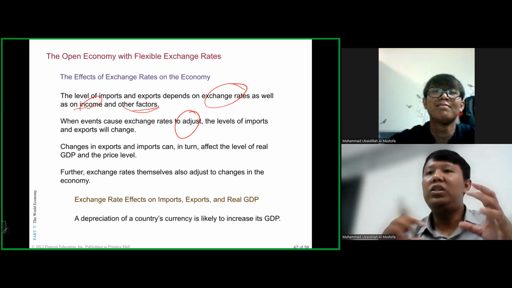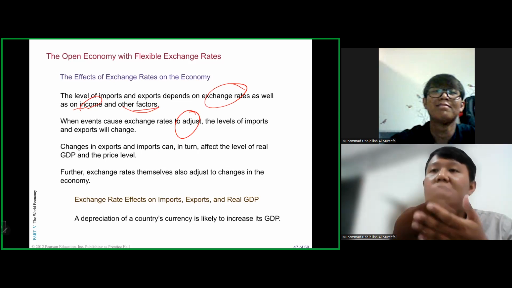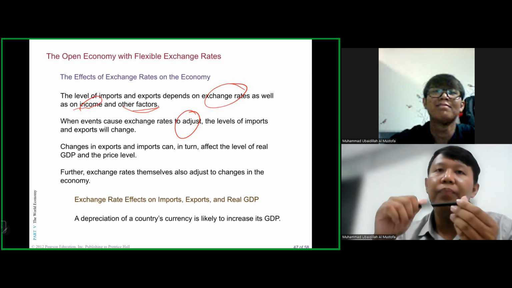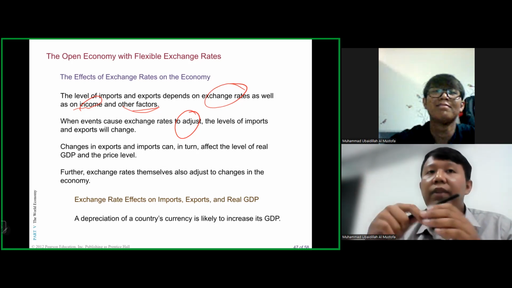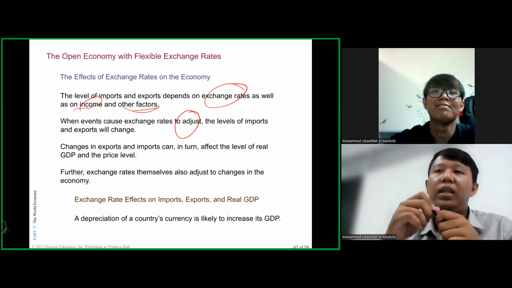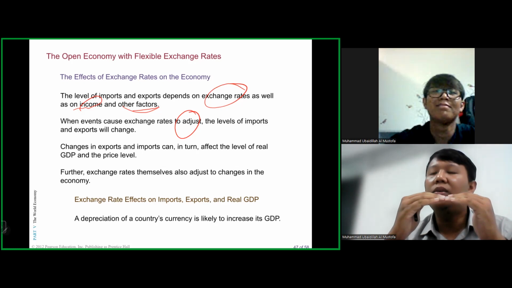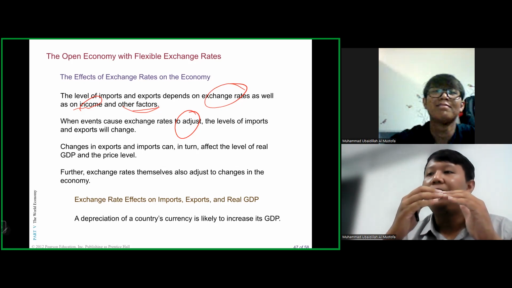Once our exports and imports change, it will affect our national output, our national income, and also our price level. Further, the exchange rates themselves also adjust to changes in the economy. So the exchange rate that we have also depends on the economy of our country.